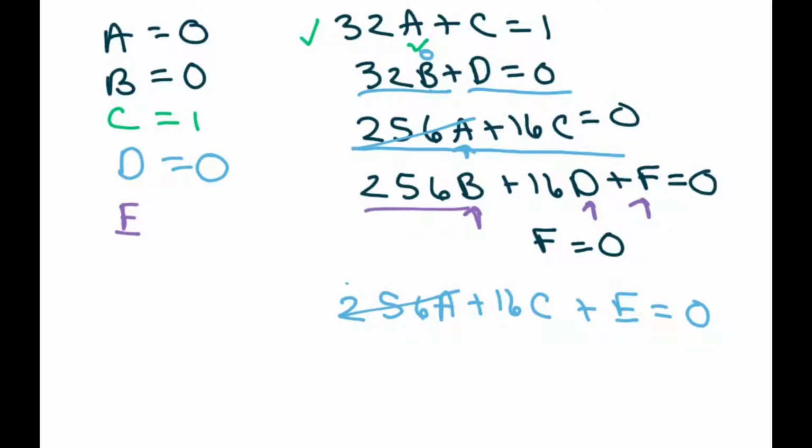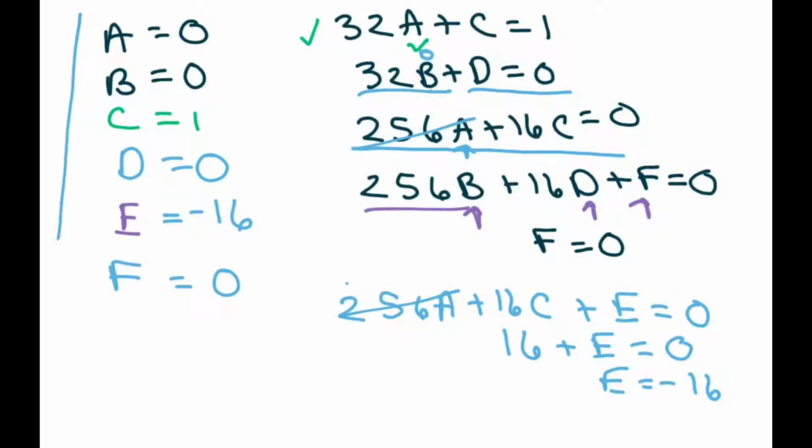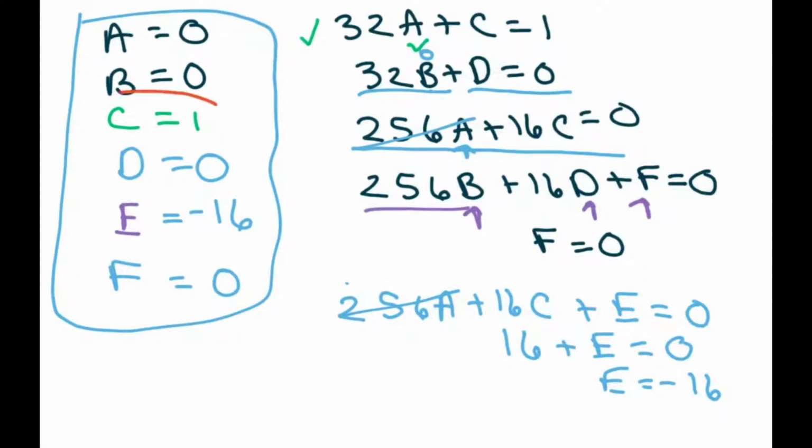You get c is 1, so you get 16 plus e equals 0. Therefore, e equals negative 16. So e equals negative 16, and f we know is 0. So basically, we only have two values here with numbers, which is c and e.